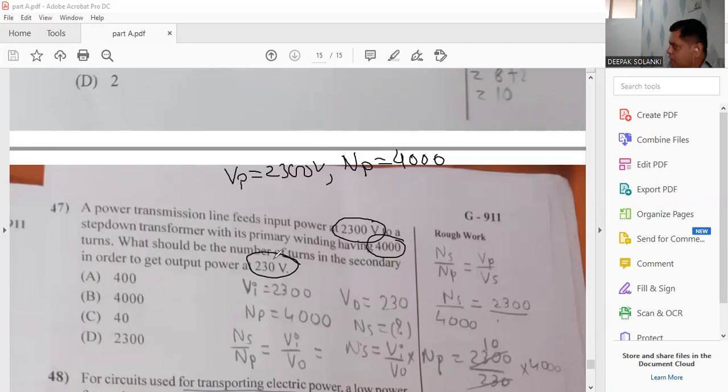Your output voltage needed is 230, so the secondary coil is 230 volt. The number of turns in secondary should be 1/10, so the answer should be 400. Understood?